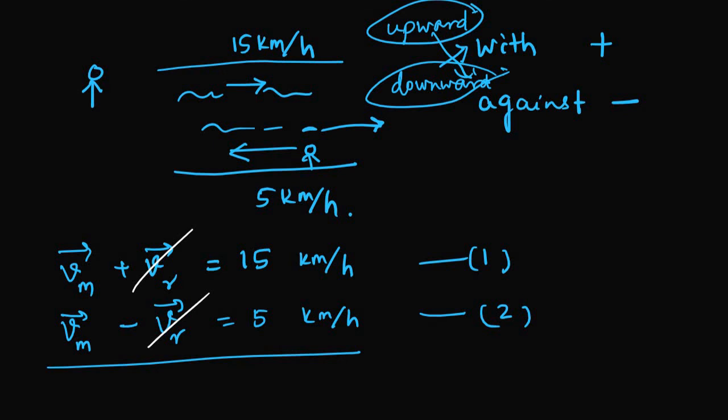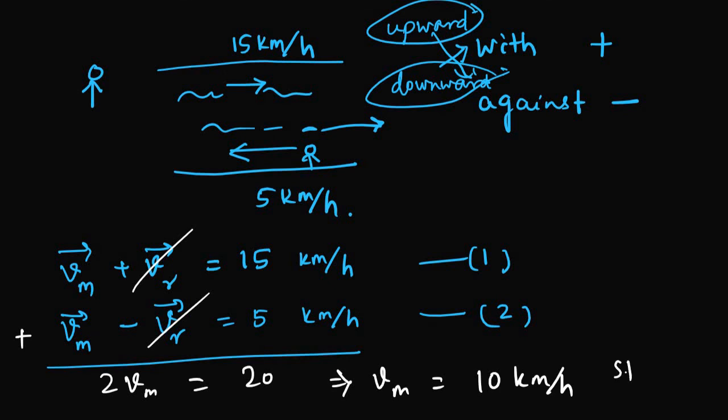Adding, that would be 2Vm equals 20. That means the velocity of the man is 10 km per hour in still water. And this is why I am taking it as still water, because there is no water current here as we already cancelled it out. So 10 km per hour will be the man's velocity in still water.